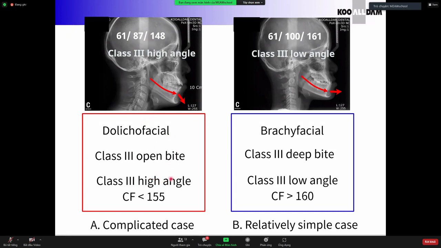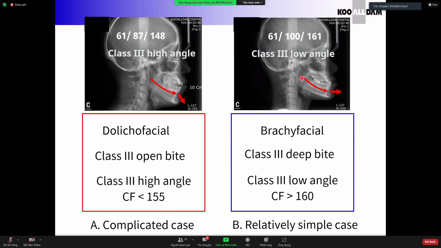In this case, we can see a complicated case. On the other hand, this patient's APDI value is 100, severe. Combination factor is 161, greater than 160, and then class 3 low angle.